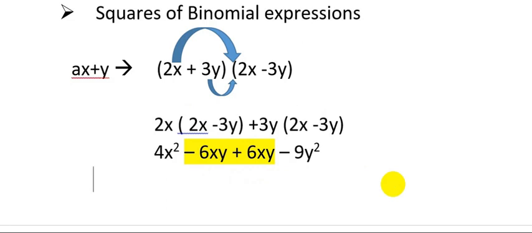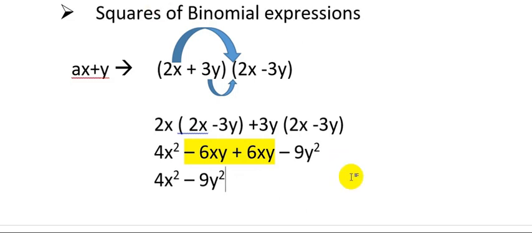So therefore the remaining terms for this expression would be 4x square minus 9y square. So this would be the answer for this particular expanding of binomial expression.